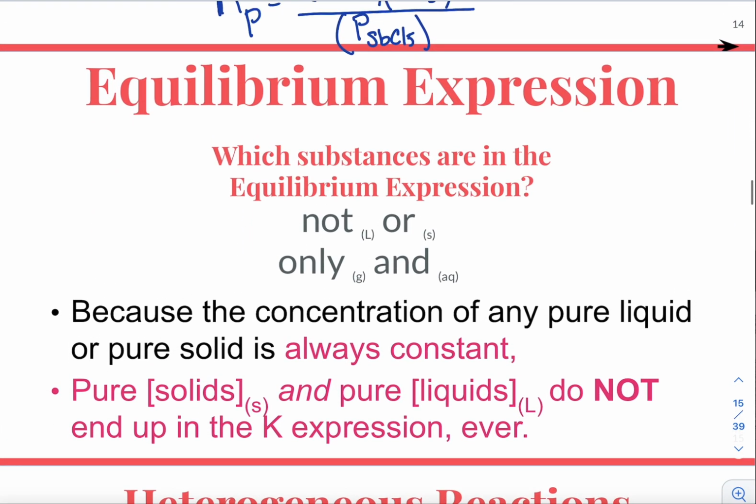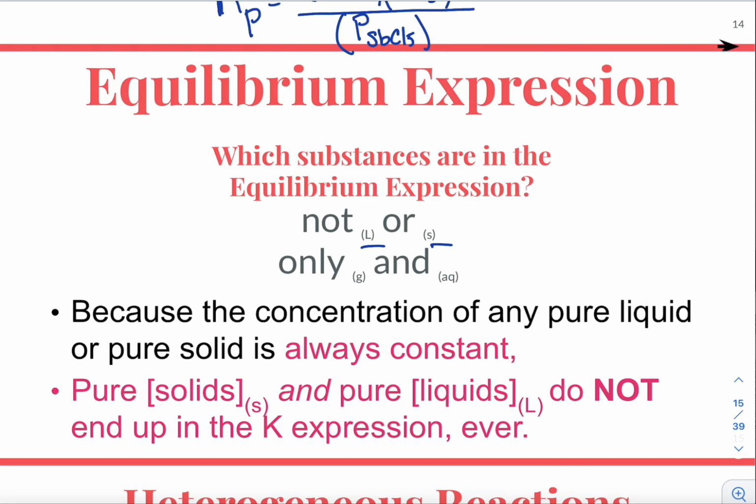So you might see, and we're going to talk about this as well, get some more practice with expressions, you only include gases or solutions. So you don't include liquids or solids because their concentrations are constant. And you should never even put them there, okay? They do not matter. So if you have a reaction with some gases and some liquids, you would only put the gases.